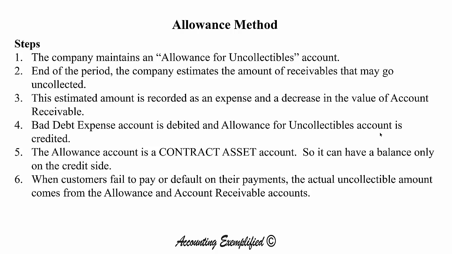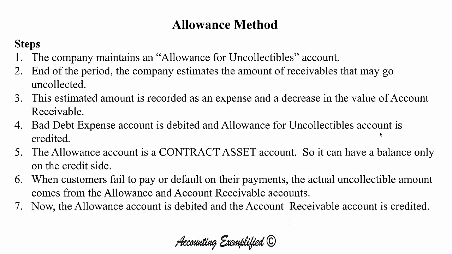When customers fail to pay or default on the payments, the actual uncollectible amount will come out of the allowance account, and not directly out of the accounts receivable account. All these steps we will be illustrating in the example. When the customer actually defaults on the payment, the allowance account will be debited and the accounts receivable account will be credited.